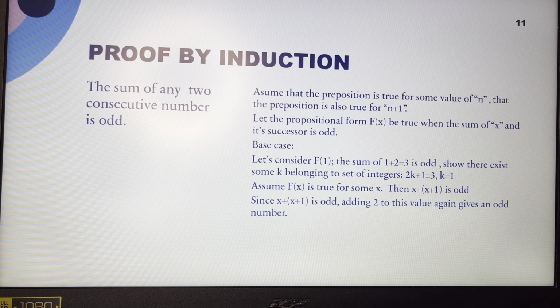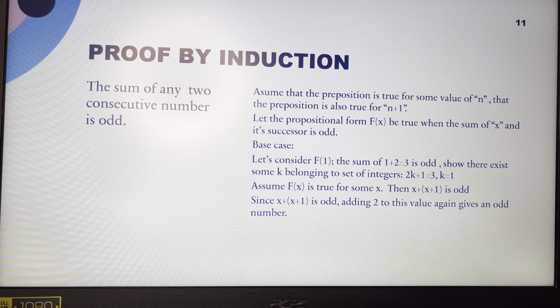So, it's a little bit complex here. Assume that the proposition is true for some value of n, then the proposition is also true for n plus 1. So let the propositional form f of x be true when the sum of x and its successor is odd. So let's have the base case. Let's consider f of 1: the sum of 1 plus 2 equals 3.